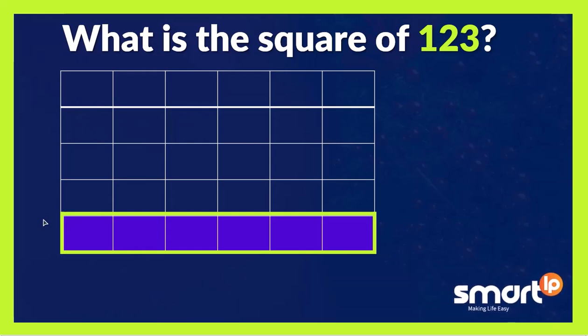Your first step, take the last digit. We have 123. 1 is the first digit, 2 is the second digit, and 3 is the last digit. Take the last digit, which is 3, and square it. So we have 3 squared, and that gives us 9. 9 is a single digit, so we want to make it look like a 2-digit number.